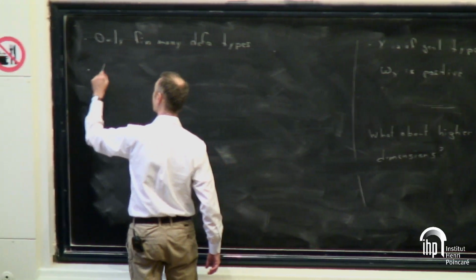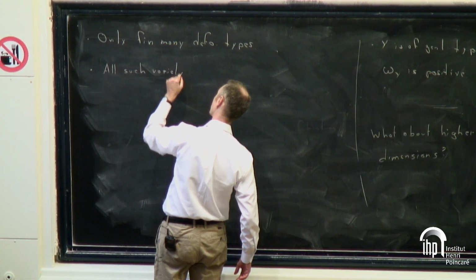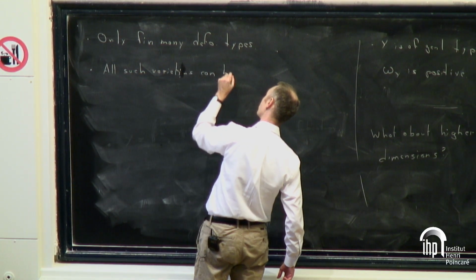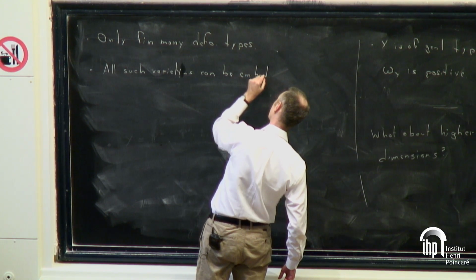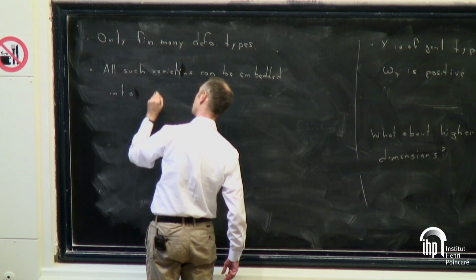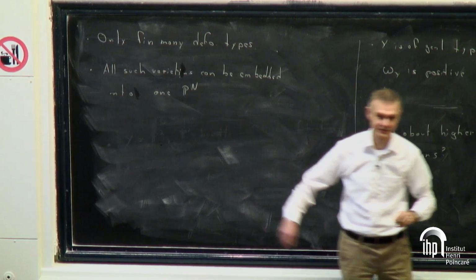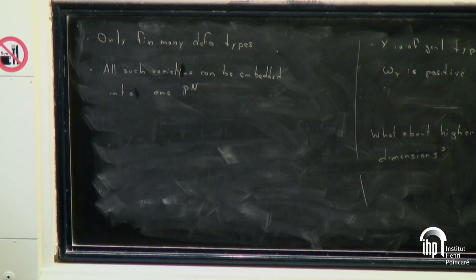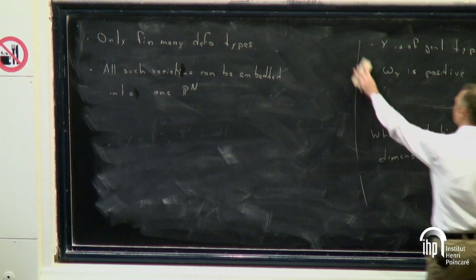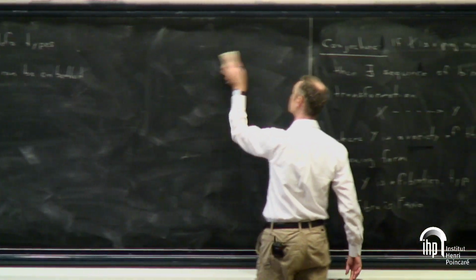So all such varieties can be embedded into one P^n, where n is very large, and described there by equations of bounded degrees, but okay, we are not going to write this down. So this is his result.